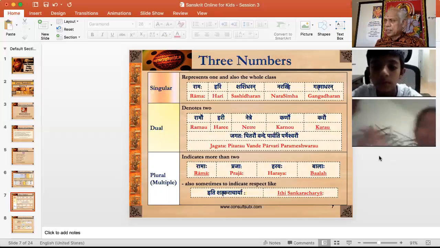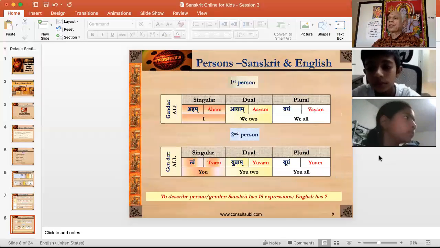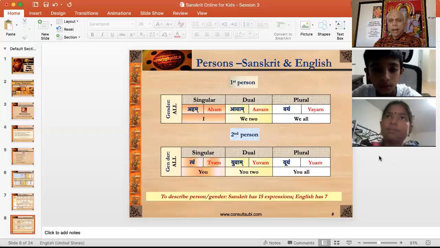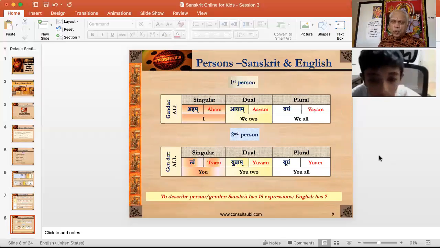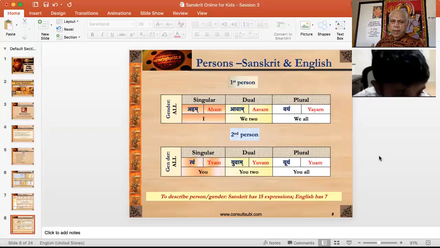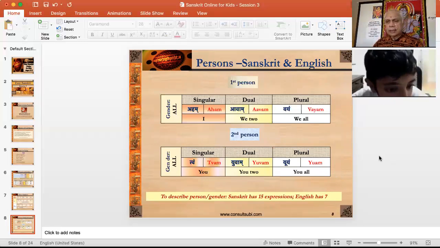Having said that, let's go to the next slide. Aham, I told you, is I. But supposing I have 2, like you have Sundarshani and Trinetrani. You want to say we 2, you say Avam.